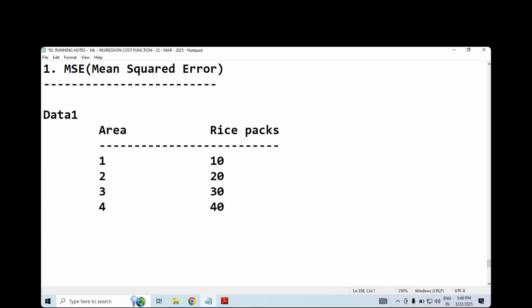Then the machine learning algorithm will start prediction over the training data. Sir, initially for 1, the packet will be 10, right? The ML algorithm did prediction 25. What is the error? 15.